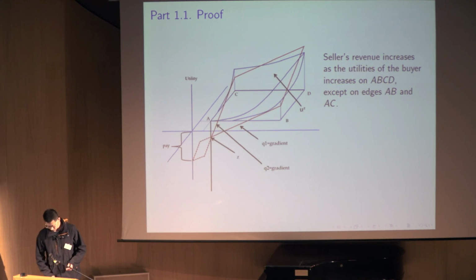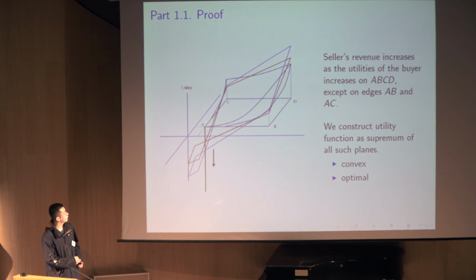And when this point goes down, the derivatives of the plane go higher, and the intercept point goes lower, which means the allocation probability in the menu goes larger, and the payment in the corresponding menu goes larger.